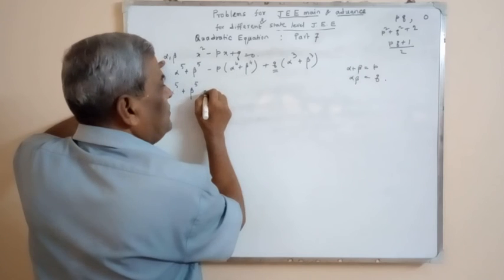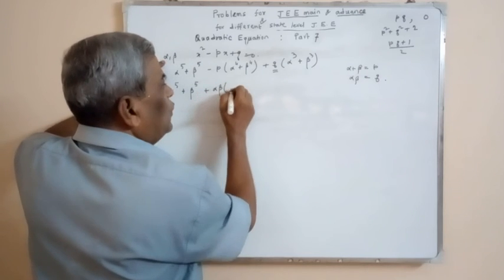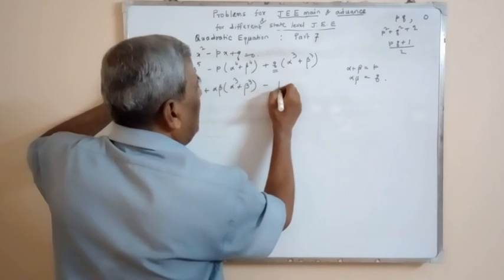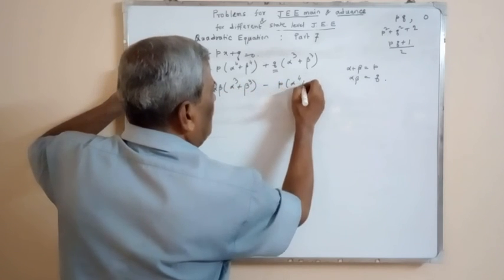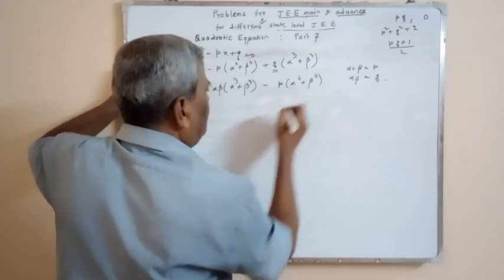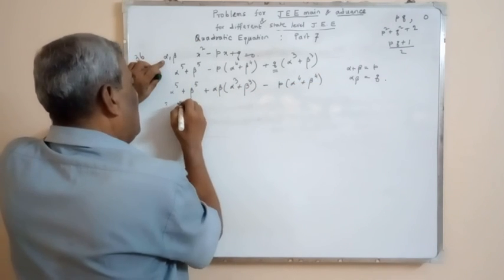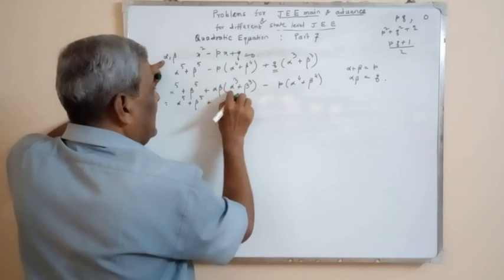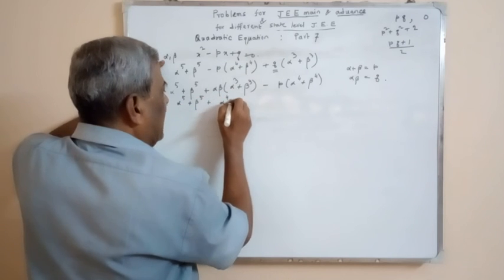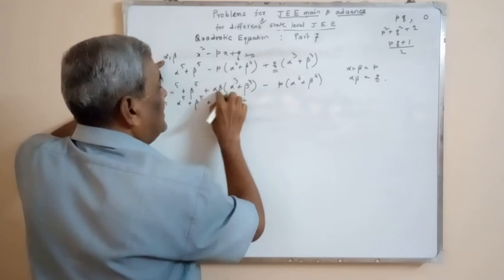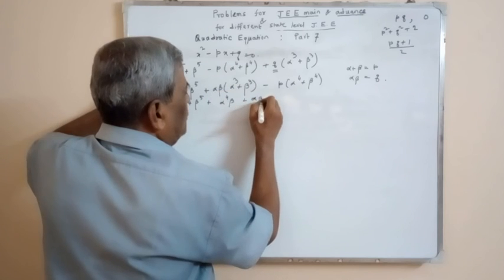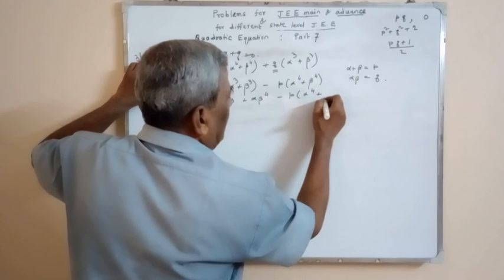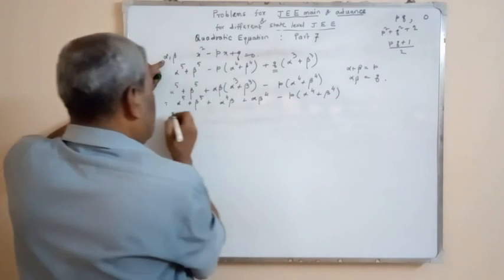So this is equal to alpha to the power 5 plus beta to the power 5 plus alpha to the power 4 beta plus alpha beta to the power 4 minus p into alpha to the power 4 plus beta to the power 4.